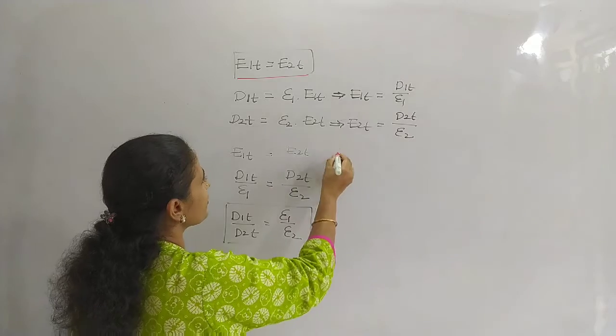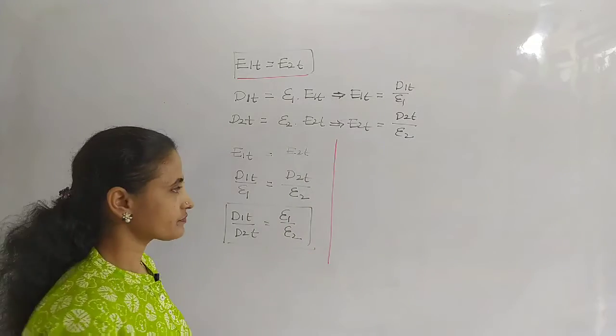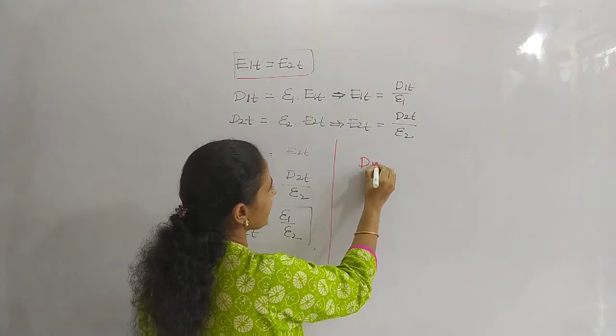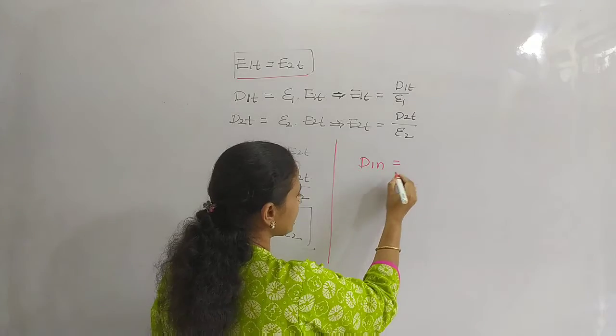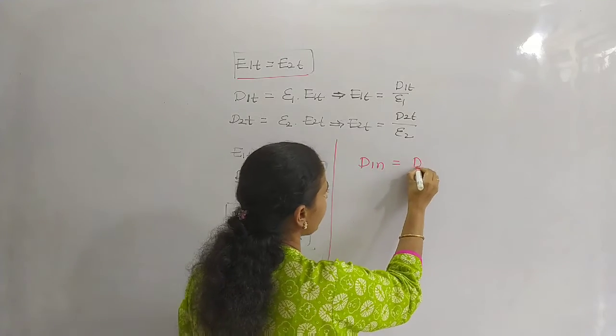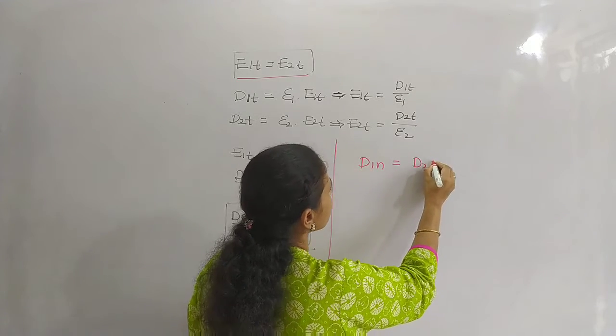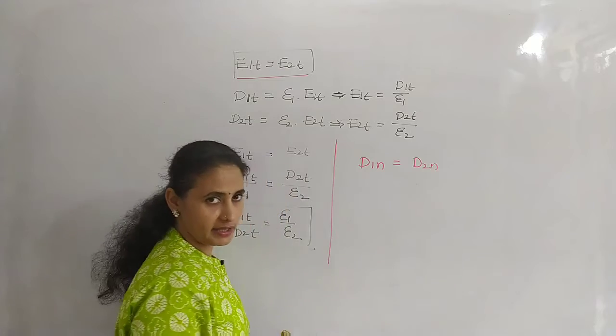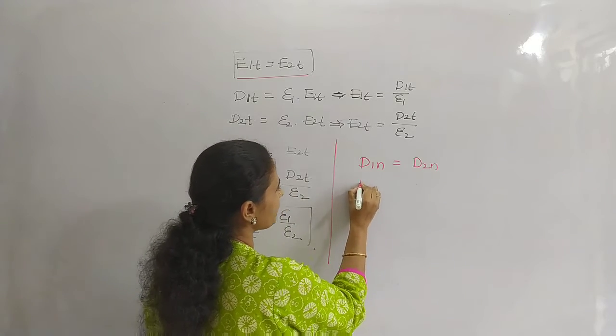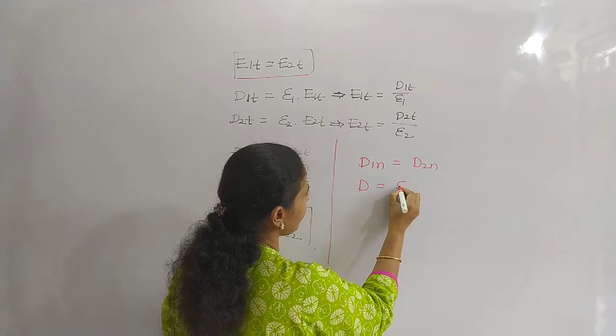Similarly, let us check the normal components. The normal component of flux density in the first medium is the same as the flux density in the second medium. And what is the relationship between flux density and electric field?